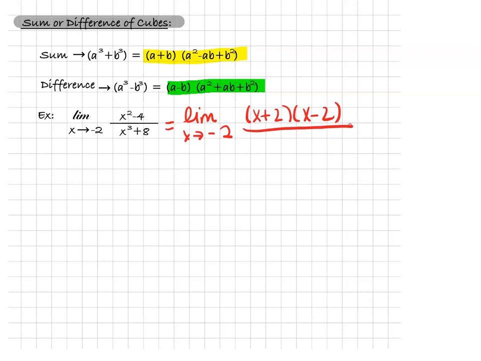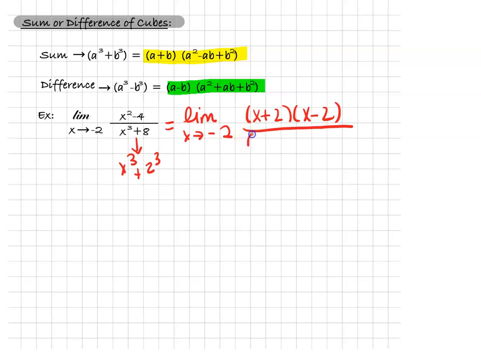Now the bottom is going to be, this is x cubed plus 2 cubed. And so your a would be your x, and your b would be 2. So we're going to use that yellow form there to break this apart.